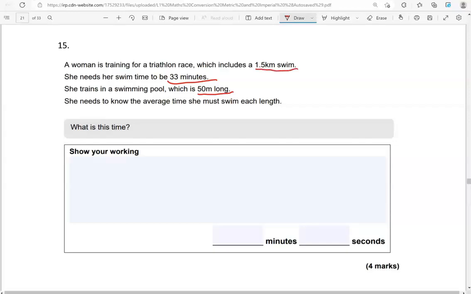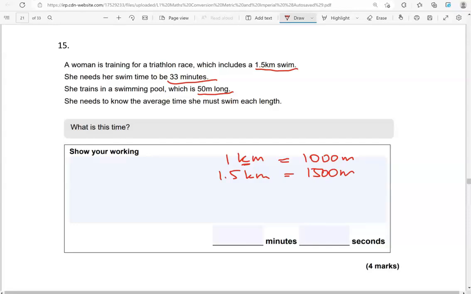Let's convert that into meters because we're going to work with meters. So 1 kilometer is equal to 1,000 meters. 1.5, that's 1,500 meters. So that's the total distance that she needs to swim.